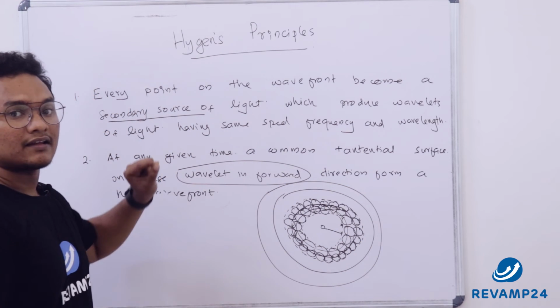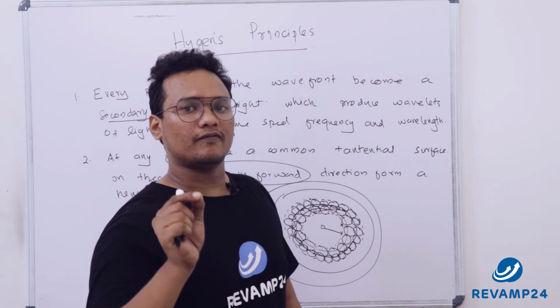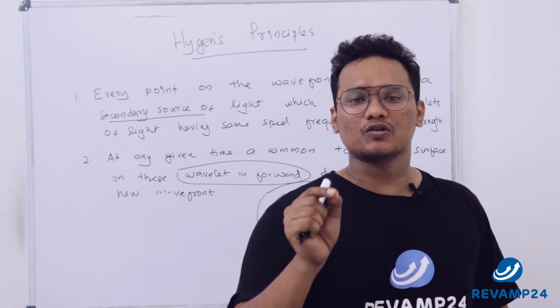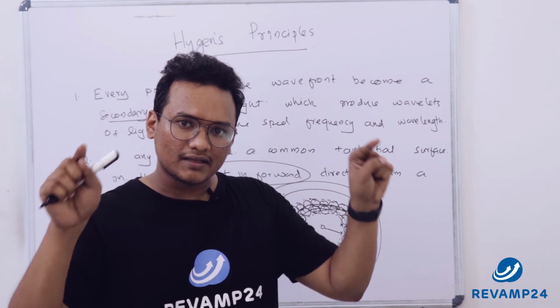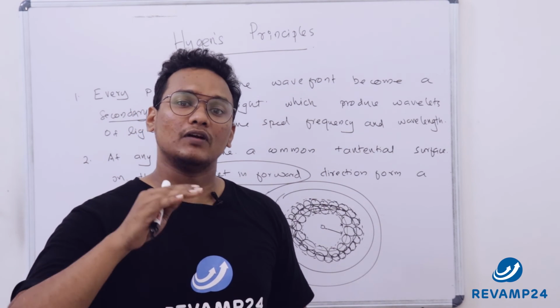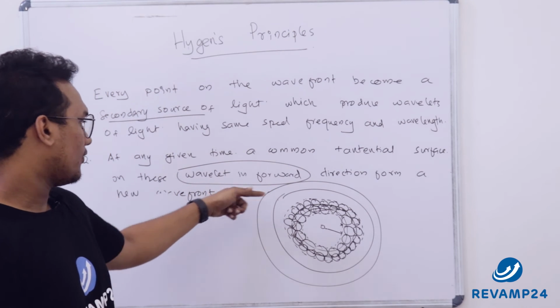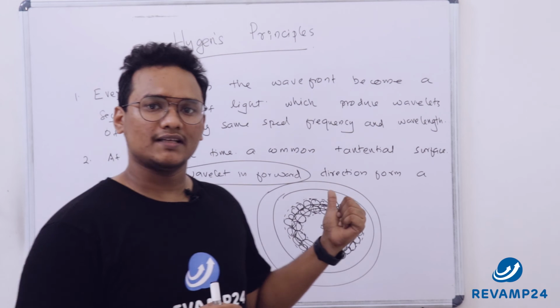How is this done? Each point on the wavefront acts as a secondary source of light sending wavelets in all directions, and the common tangent to these wavelets in the forward direction of propagation forms a new wavefront, which is called the secondary wavefront.